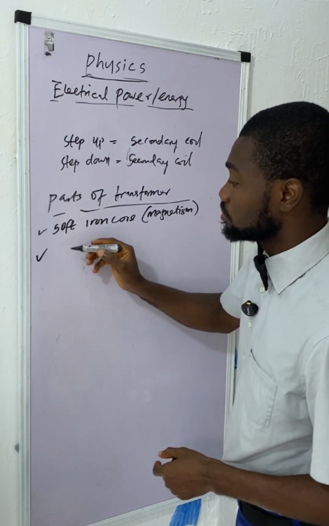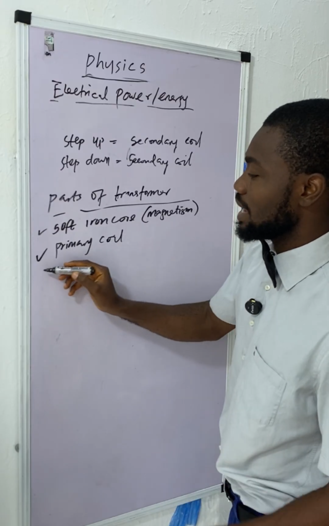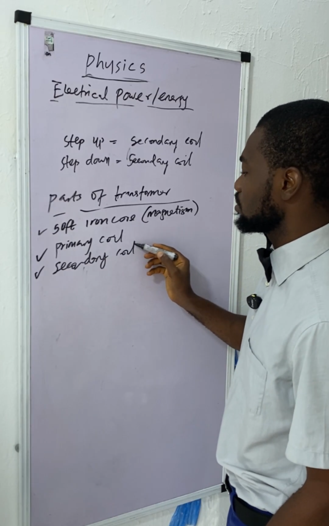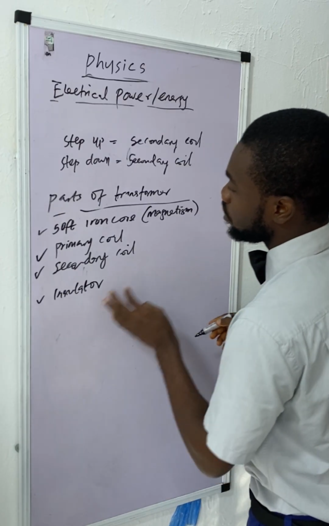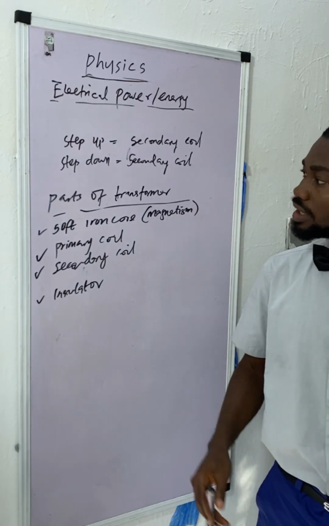Then we have the primary coil. We have the secondary coil. Then we have the insulator. So these are the parts of a transformer.